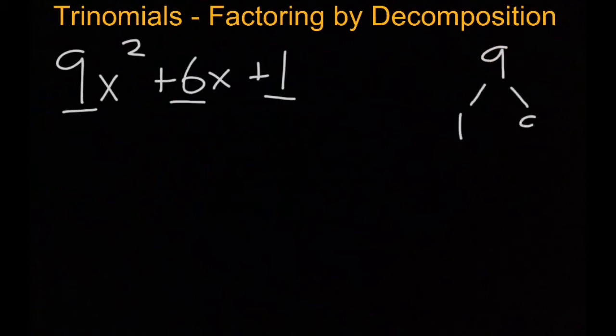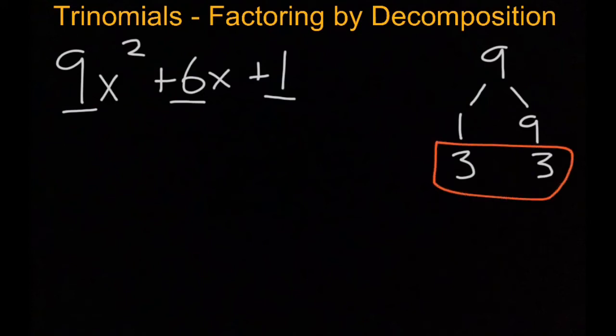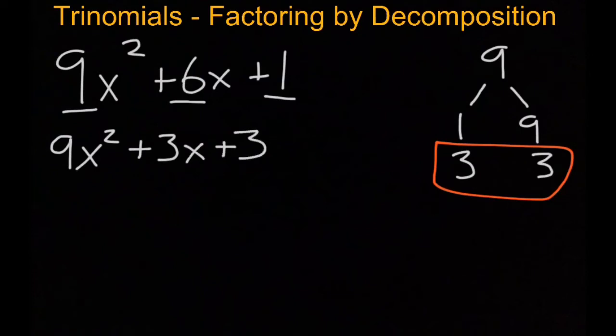We have 1 and 9, and we have 3 and 3. So this one would be the two numbers that we use. So we have 9x squared plus 3x plus 3x again plus 1.